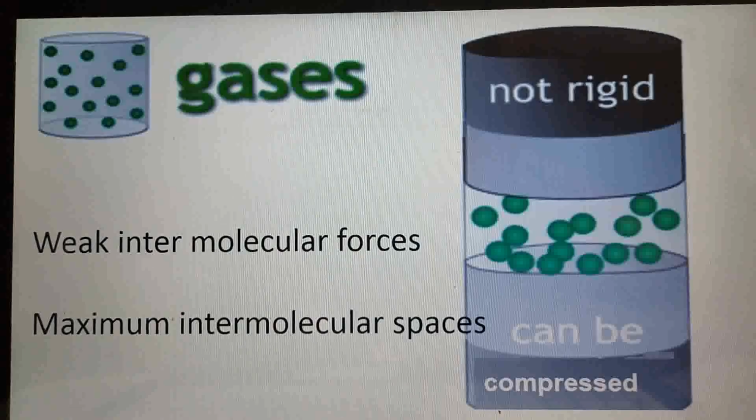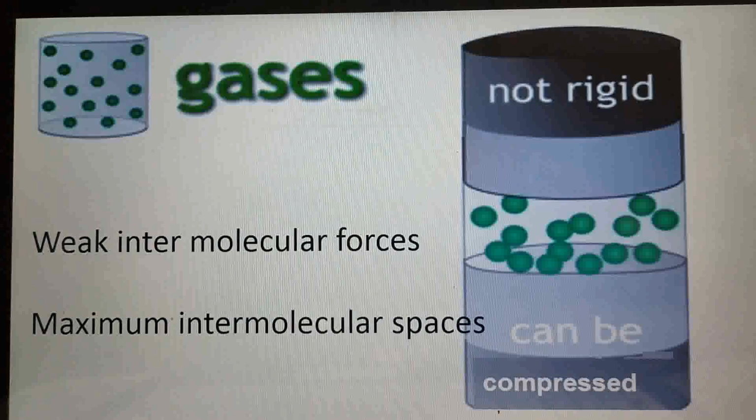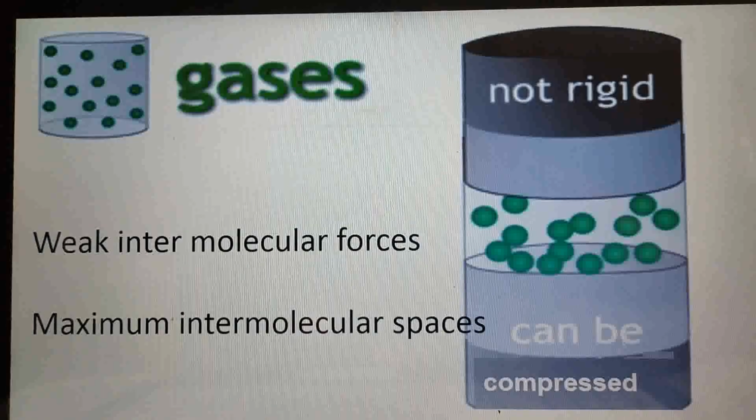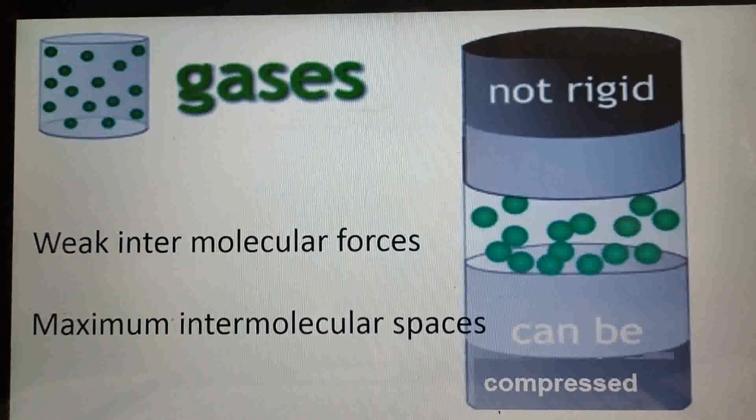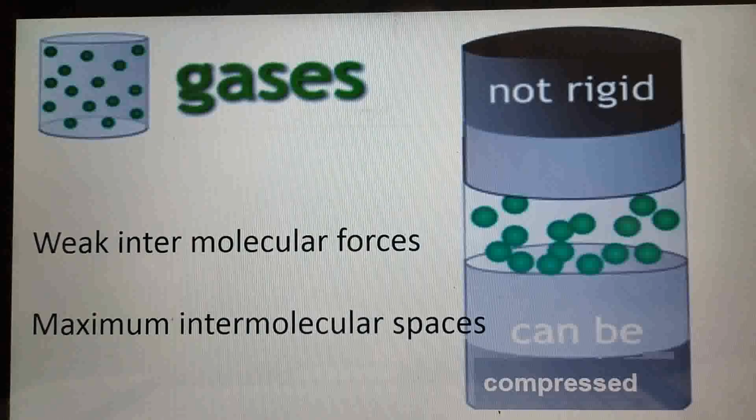They are not rigid. Now children, can you tell me why gases can be compressed? Yes, gases can be compressed due to, number one, the weak intermolecular forces, and number two, the maximum intermolecular spaces between them. Okay.